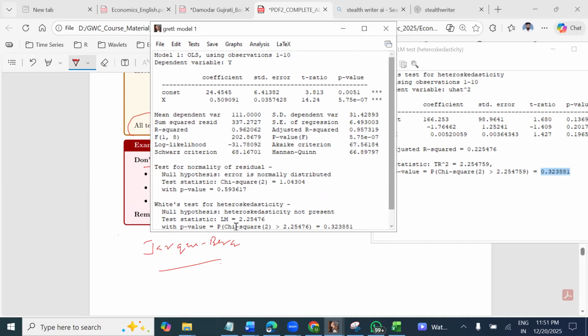How much p-value did we get? 0.323881, which is much higher than 0.10 also. Hence, we failed to reject our null hypothesis, which says heteroscedasticity is not present. It means there is no heteroscedasticity in our regression model.